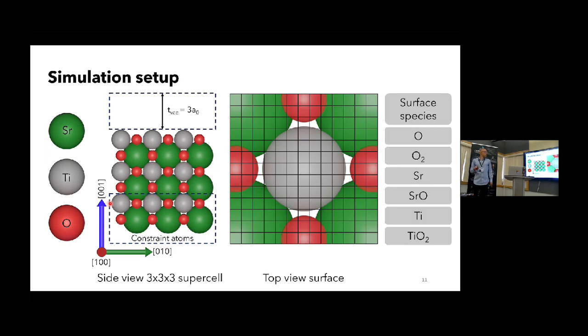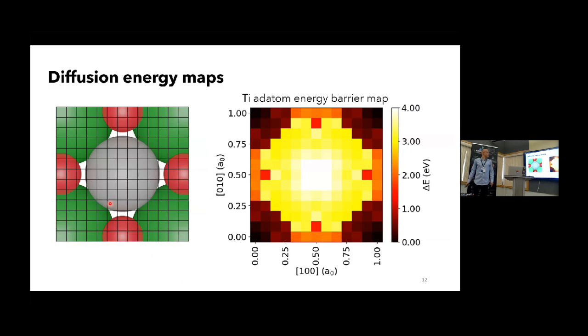On every grid point you see, it's sampled with 13 by 13 points. We use surface species which properly diffuse: oxygen, strontium, strontium oxide, titanium, titanium dioxide, and just move each species over the surface and fully relax the structure. As a result, we get diffusion energy maps, which can be used in the KMC model in the future.